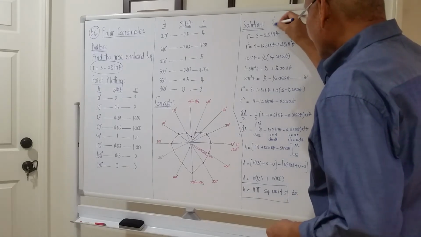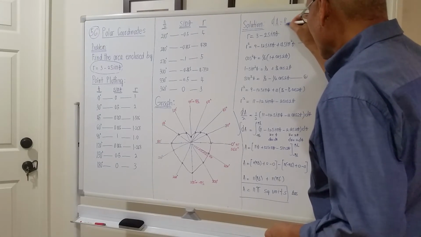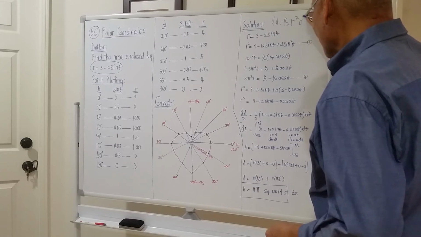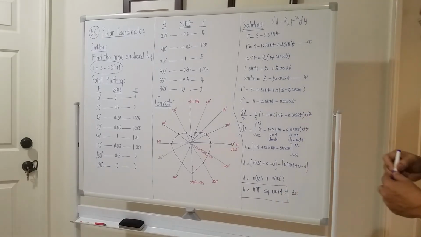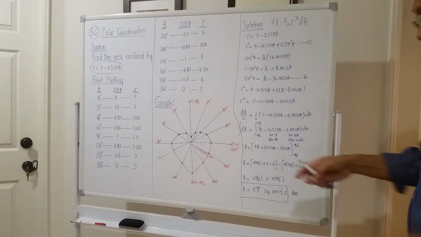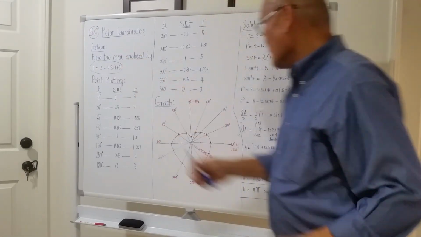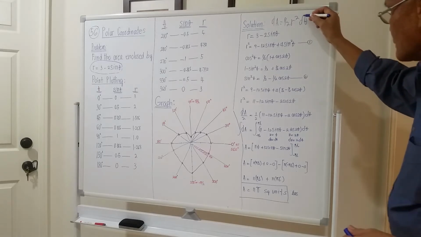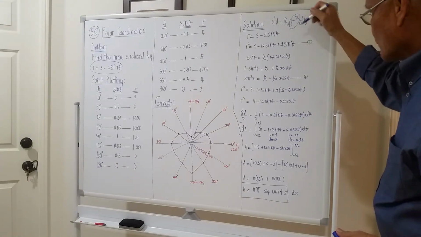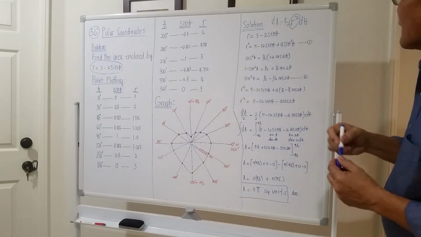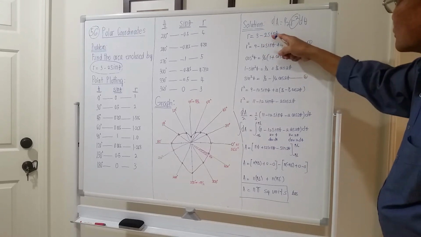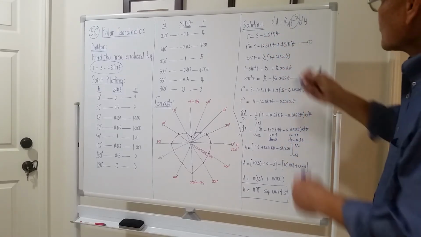Under polar coordinates, differential area is equal to 1/2 of r squared differential theta. Right? And we are given the polar equation. The polar equation is 3 minus twice sine of theta. We need an r squared inside for us to integrate. Since r is equal to 3 minus twice sine of theta, squaring both sides.